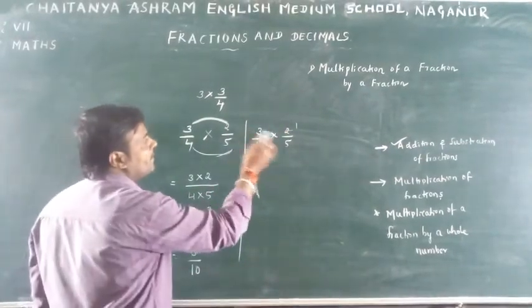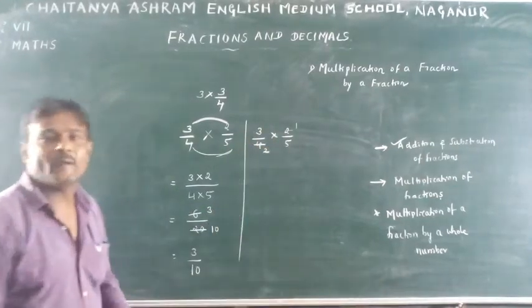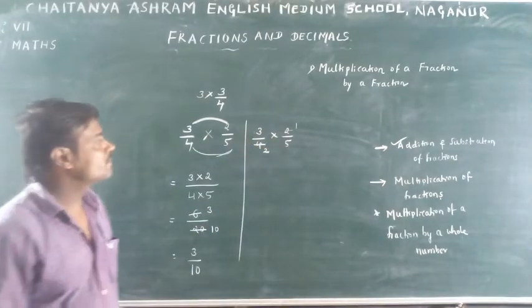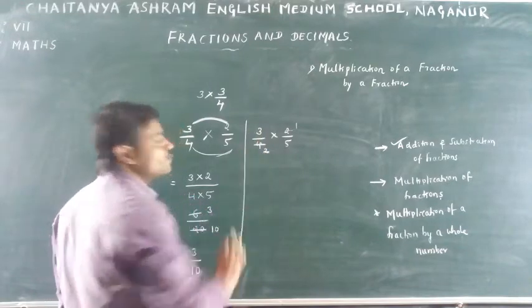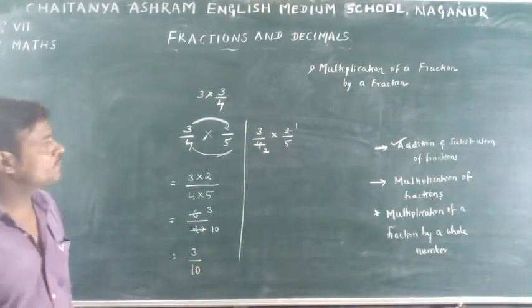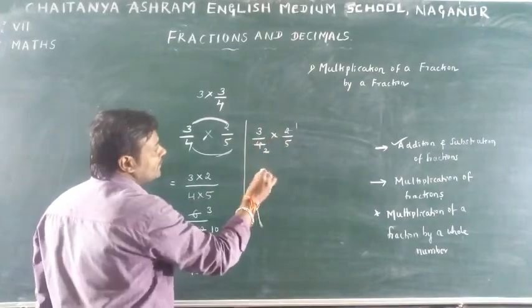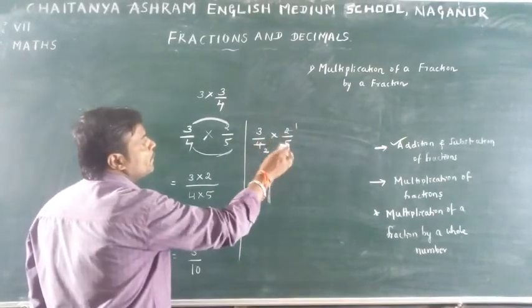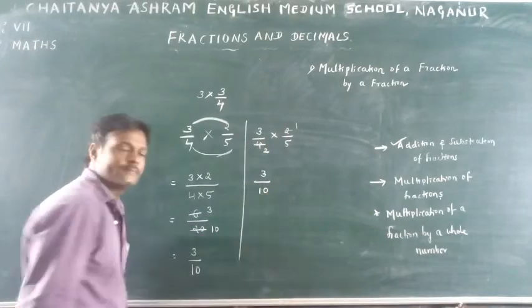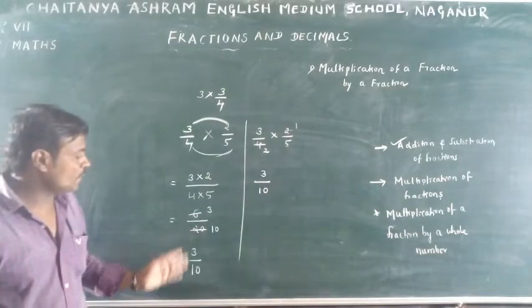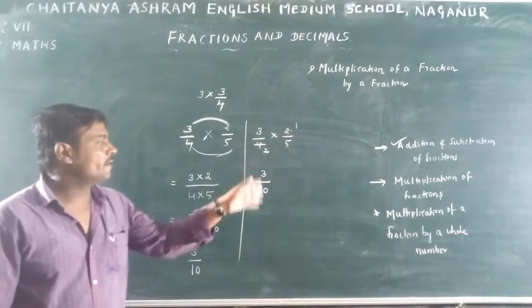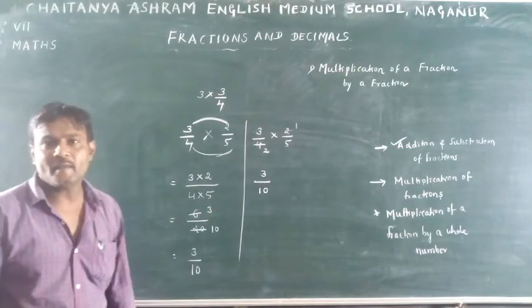And 3 and 5 do not have any common factor other than 1. 3 and 2 also do not have any common factor. So in this case, multiply directly. 3 into 1 is 3, 2 into 5 is 10. Clear? Here also what we obtained? 3 by 10. Here also we obtained 3 by 10.